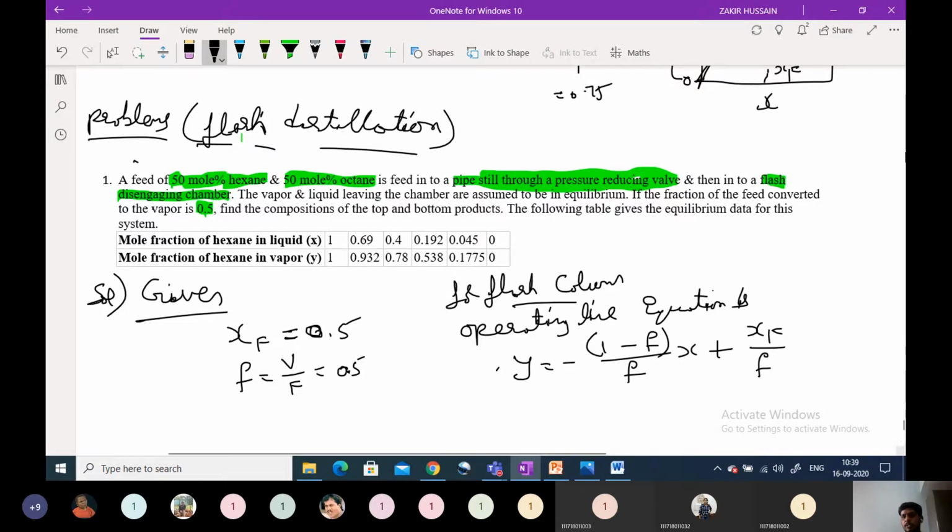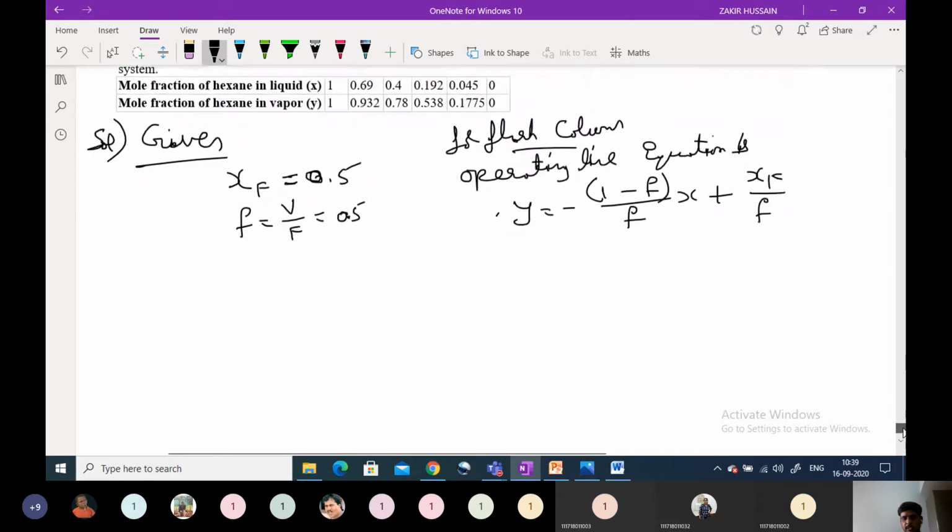This equation is the operating line equation for the flash distillation column. We know this one already. Now we have to estimate our slope and intercept. One method is estimating the slope, another method is estimating the intercept. So first we will try to estimate the slope.